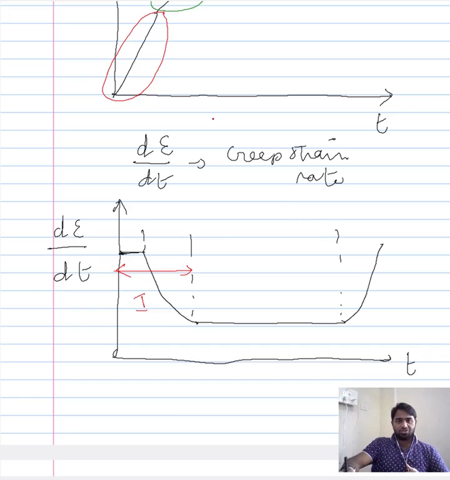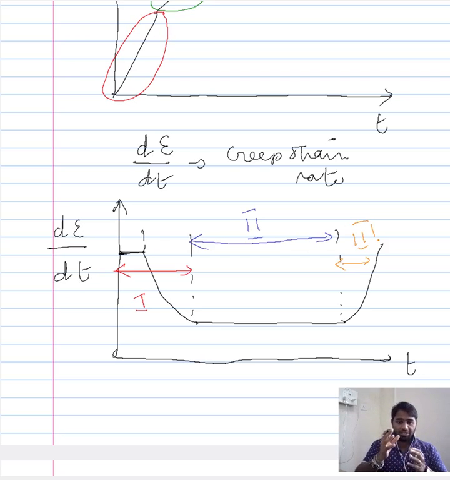And we have our stage 2, wherein there is not much change in the slope, or the slope remains more or less constant. And finally, we have our tertiary creep, wherein there is an increase in the slope of the curve, or the creep rate tremendously increases. So this is a way of presenting or illustrating the slope that helped us in categorizing the different stages of the creep.